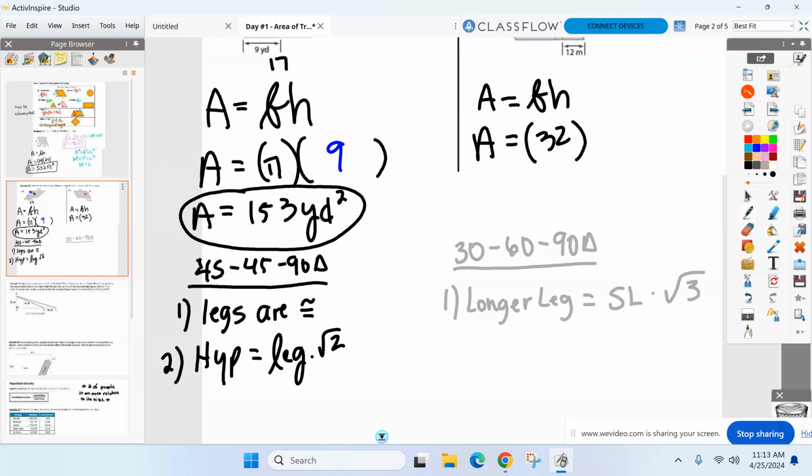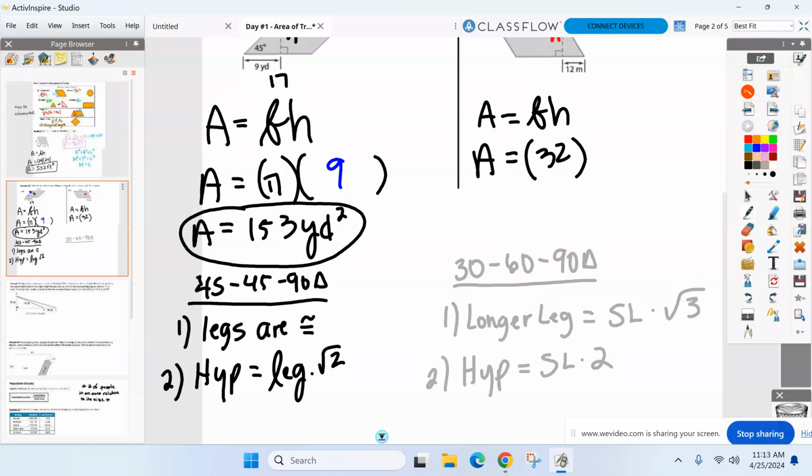And then to find the hypotenuse in a 30, 60, 90, you take your shorter leg and double it, multiply it by 2. Okay, so just a review of the rules. You're going to need them tonight and going forward. This isn't the only day we're going to see 30, 60, 90, 45, 45.